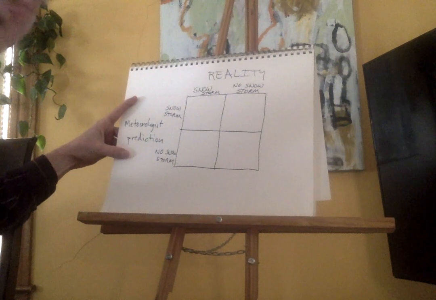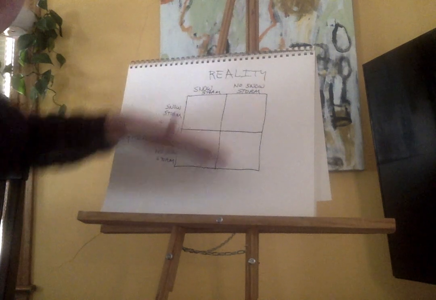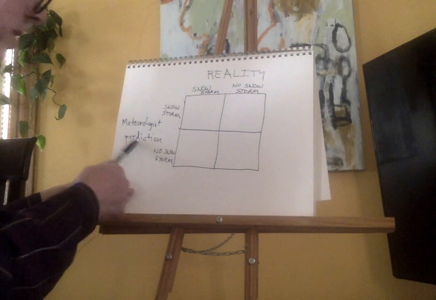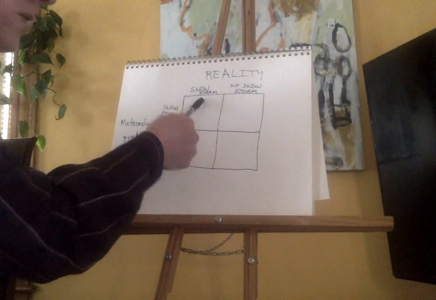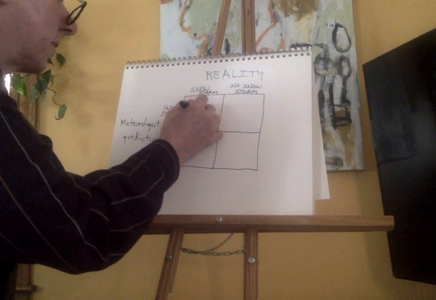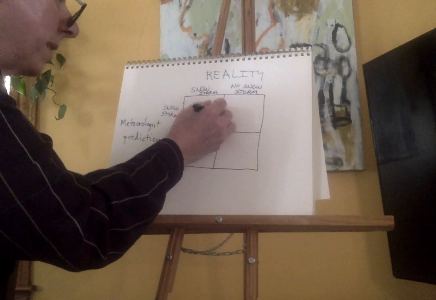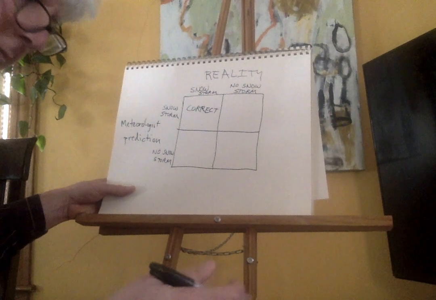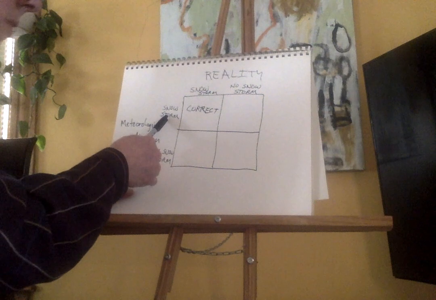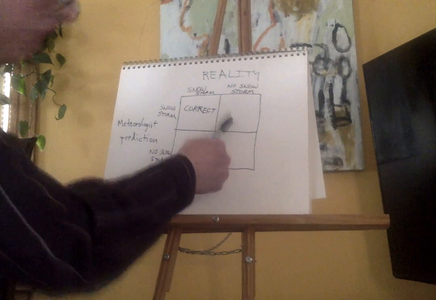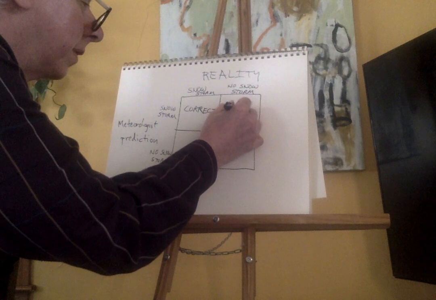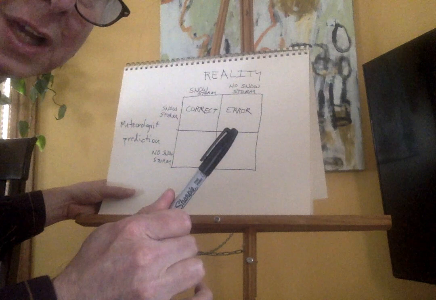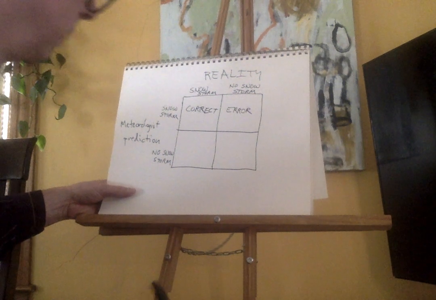So this happens Monday night, and then let's see what happens on Tuesday, okay? We can compare what happens. And so if the meteorologist predicts a snowstorm, and a snowstorm actually comes, well, that's good. I mean, in terms of the prediction, right? The meteorologist was correct. What if the meteorologist predicts a snowstorm, but no snowstorm comes? Well, that's an error, okay? But before we get on the meteorologist case, just hold on, okay?